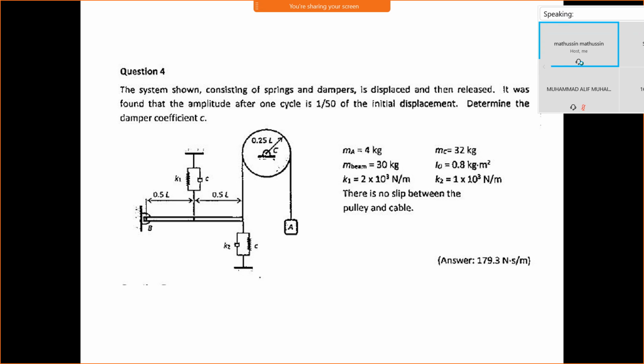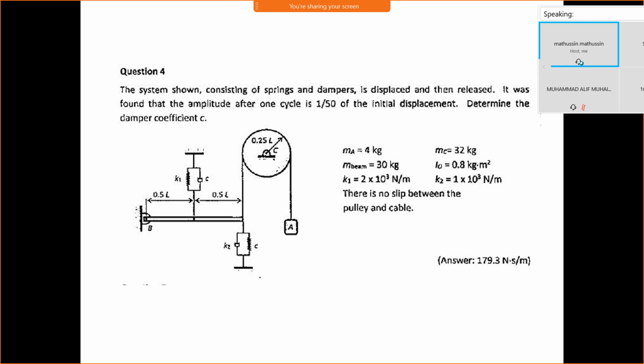For example, if we use the method of potential energy and kinetic energy, then that equation is only applicable for a system without damper, isn't it? And if we use the method of equivalent system, alright, that one is only applicable for 1 degree of freedom.